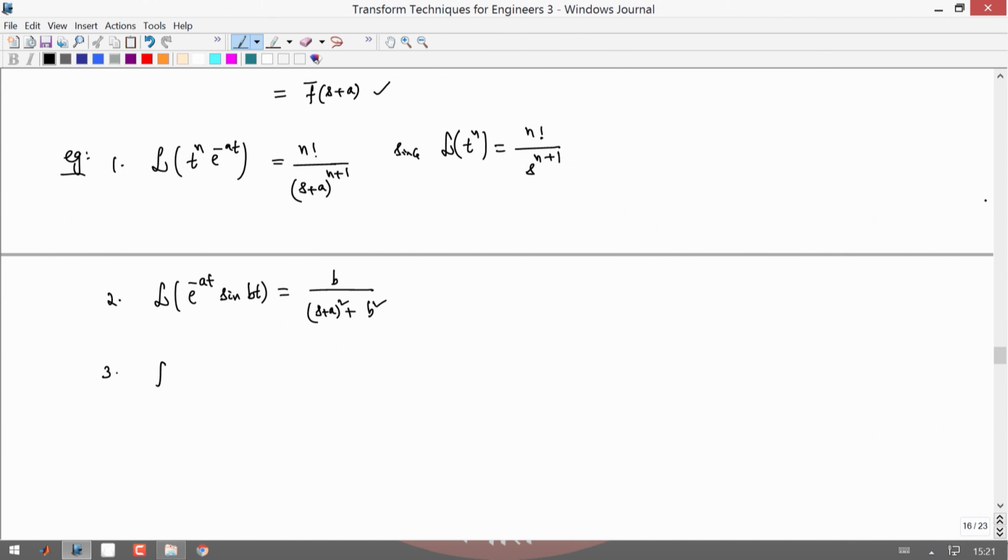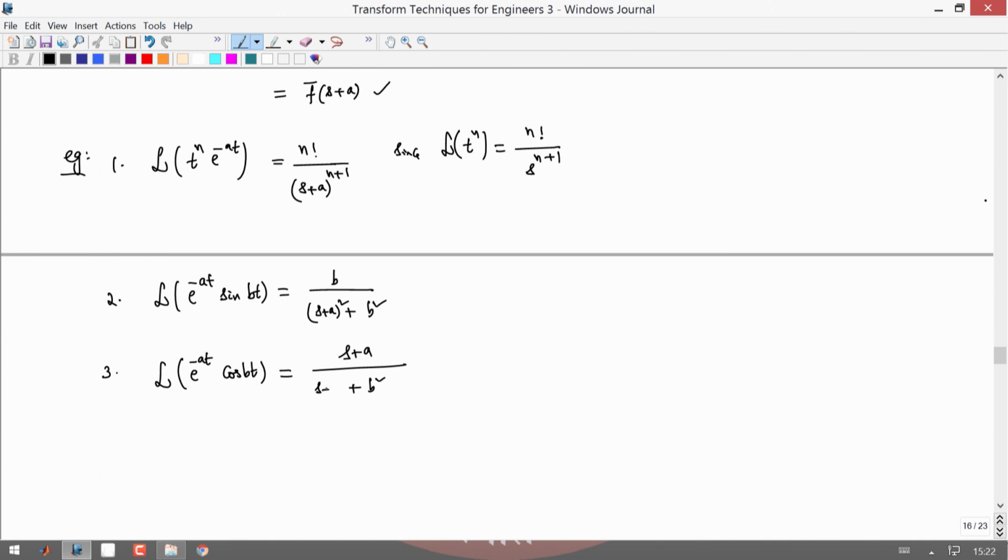Similarly, Laplace transform of e power minus a t cos b t, if you calculate, that is s divided by s square plus b square, with cosine, without this exponential, this is the Laplace transform. So, if I multiply this with e power minus a t, you have to replace s by s plus a.